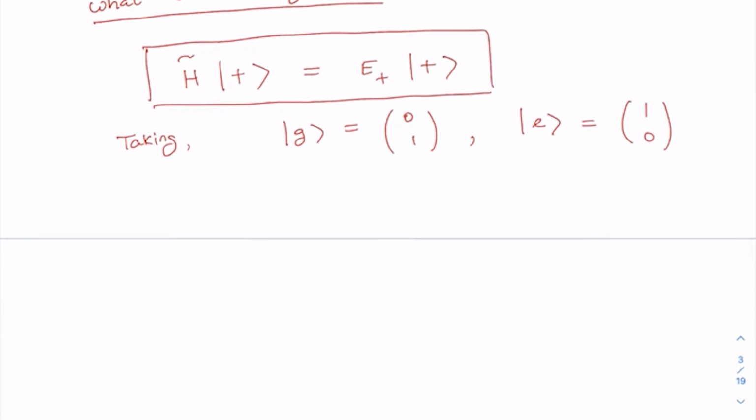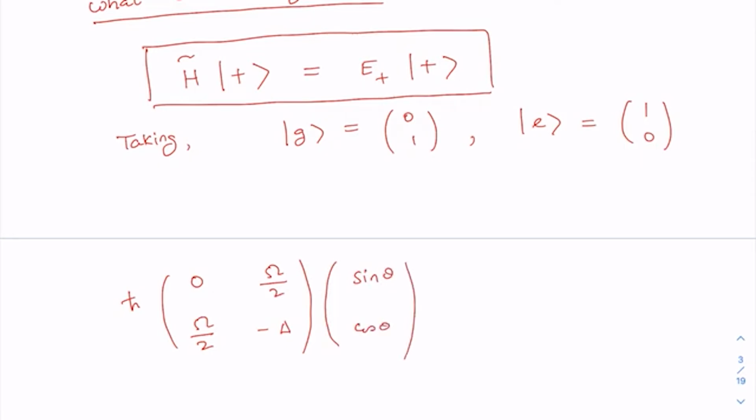The Hamiltonian in the matrix form would be h cross, 0 omega by 2, minus delta, and this k plus we have as (sine theta, cos theta), and we have here E plus is the eigenvalue and this k plus is (sine theta, cos theta).